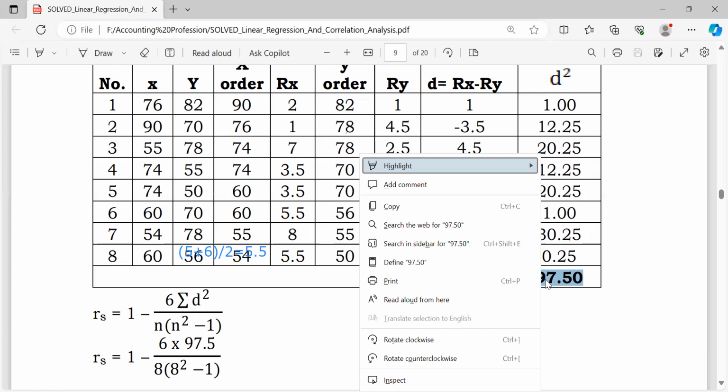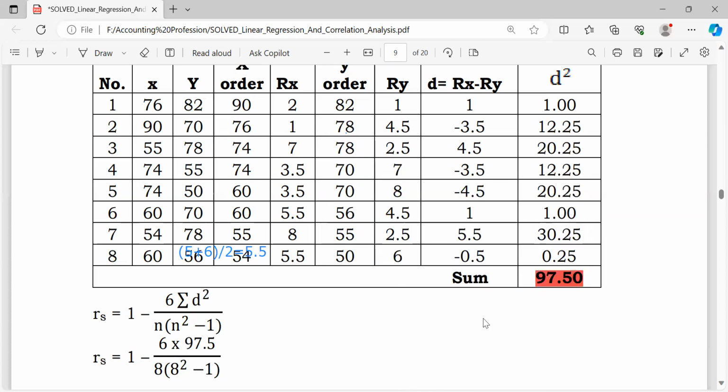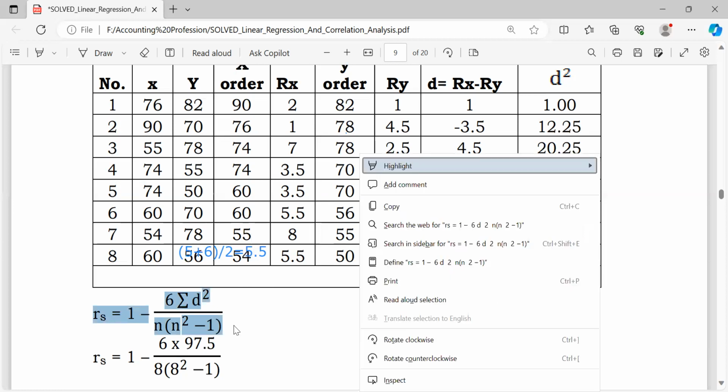So we now have the summation of the square of d. So we are in pole position to proceed here, right? Okay, so I would just write my formula here and start plugging in the numbers.